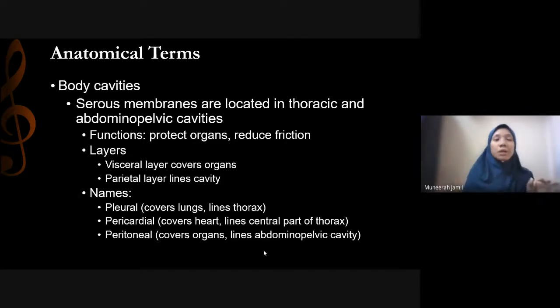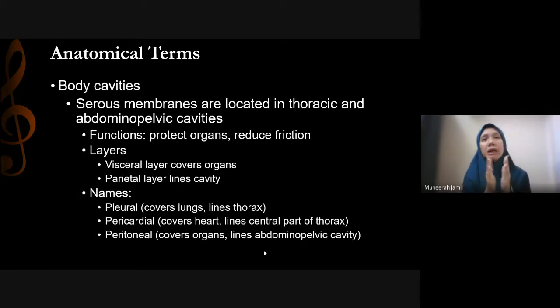Membran inilah yang dipanggil sebagai pleural dan pericardial. The function is to capsulate the organs so that they are protected well, and because it has two layers, visceral layer and parietal layer, in between those layers it has a fluid. So that will help to reduce friction.